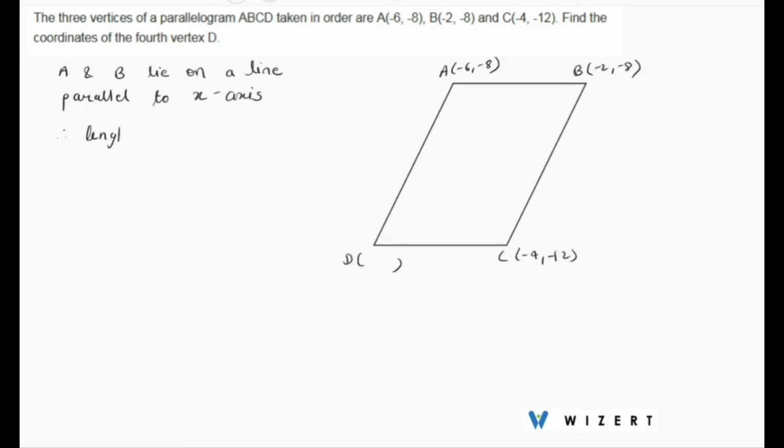Therefore, the length of AB is equal to the x coordinate of A minus the x coordinate of B. No, it will be the other way around: the x coordinate of B minus the x coordinate of A. So this is how we'll get the length of AB.